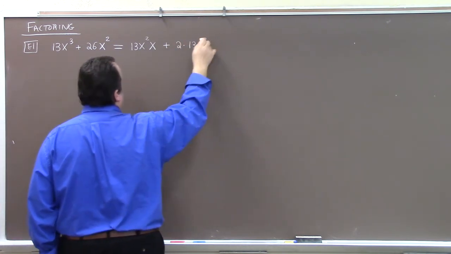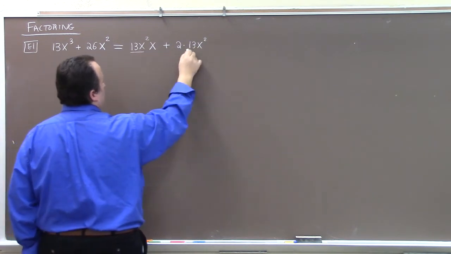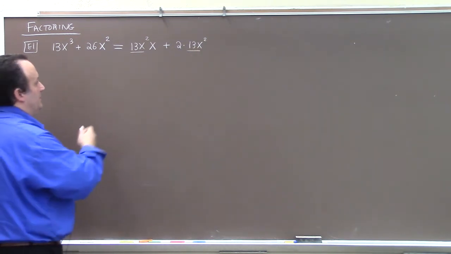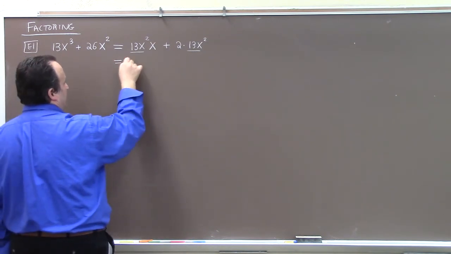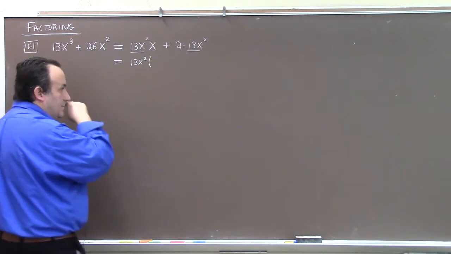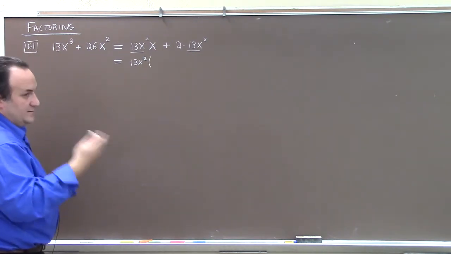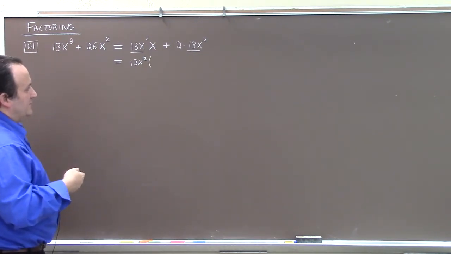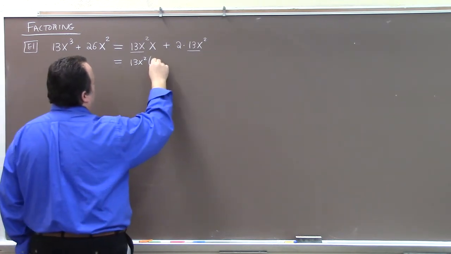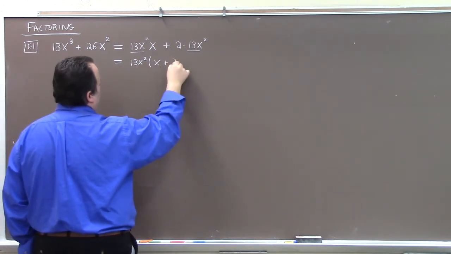My point is that there's a common 13x squared in both of those terms, so we can factor it out. So that's how factoring works. We have to find a common thing for both of the terms which are added, and then we can factor that out using the distributive property. So this is 13x squared times x plus 2, and there you go.